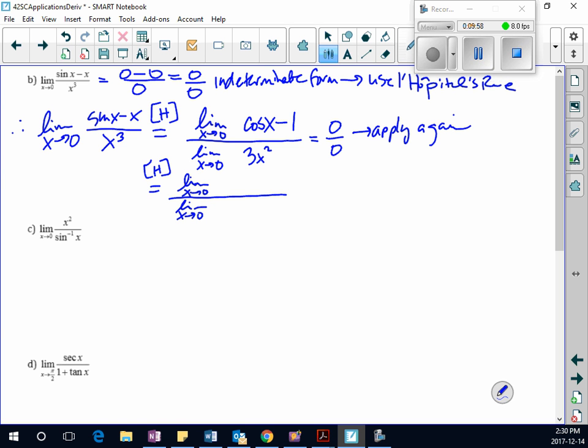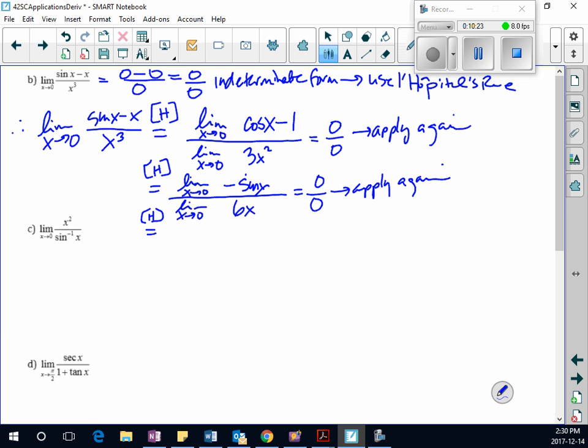Yeah. Okay, what's the derivative of cos x? Negative sine x. And what's the derivative of 3x squared? 6x. Okay, so now if I apply that, what do we get? I get 0 over 0 again. So I'll apply again. So this time it actually works.